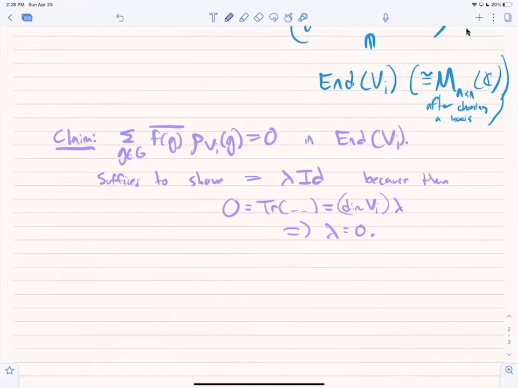So, I have basically one trick up my sleeve that can show me something is a multiple of a scalar matrix, and that's Schur's lemma.